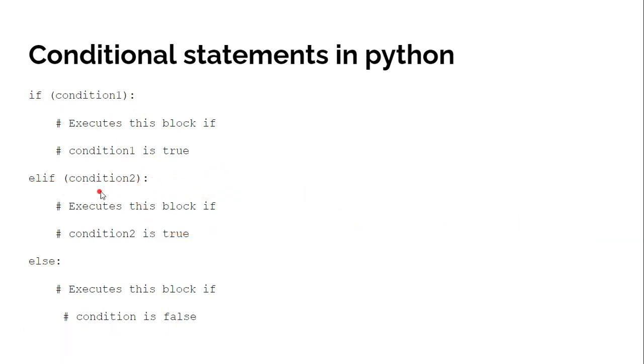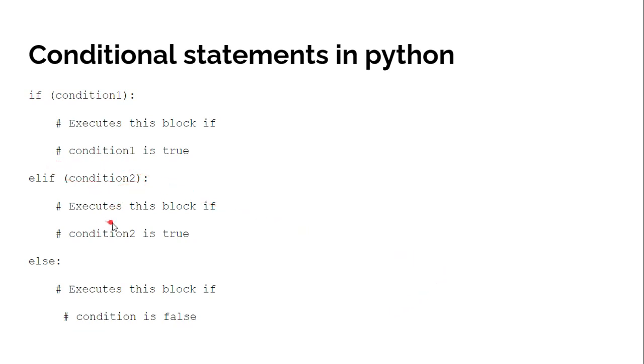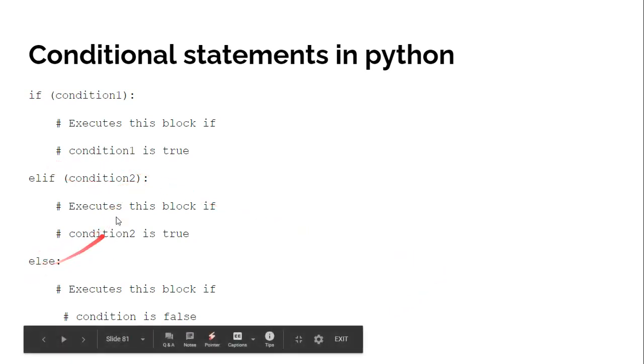If that is true, then the program will evaluate its body and then terminate. If this condition is again not true, then it will not check anything, because in the else we don't have any condition. It will always evaluate this block if these two conditions are not true.